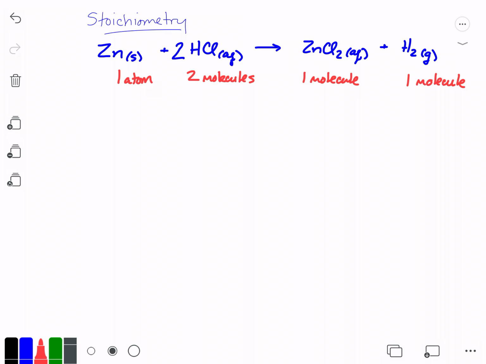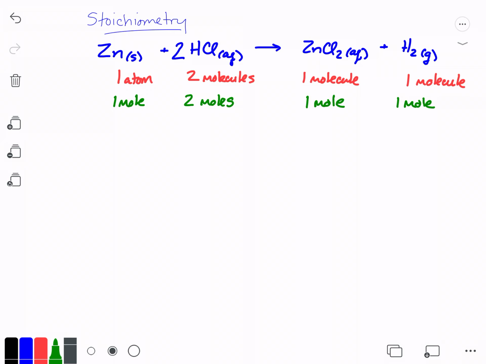Remember, if we scale everything up by Avogadro's number, this can mean that 1 mole of zinc atoms can react with 2 moles of HCl molecules to produce 1 mole of zinc chloride molecules and 1 mole of hydrogen gas molecules. We're just scaling everything up by that factor of 6.02 times 10 to the 23rd.